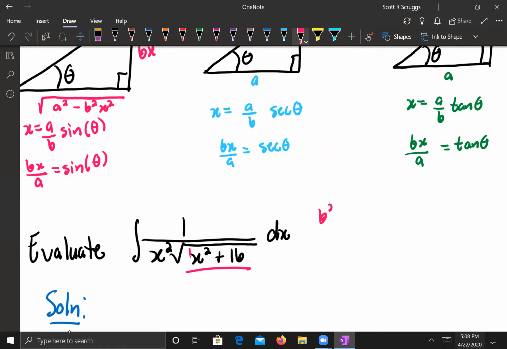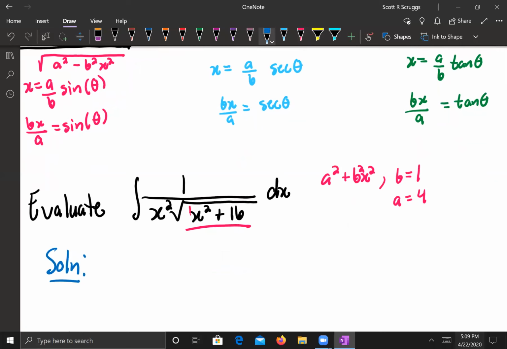So that means I'm in the form a squared plus b squared times x squared. And in this case, the constant that is with the x squared is 1. 1 squared is 1, so that means b will be 1. And a, in this case, since I have 16, that number is a squared, and 4 squared gives me 16.